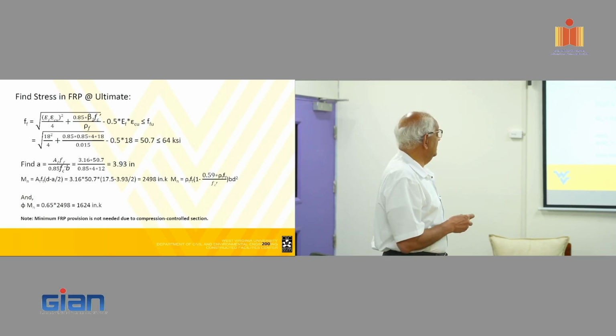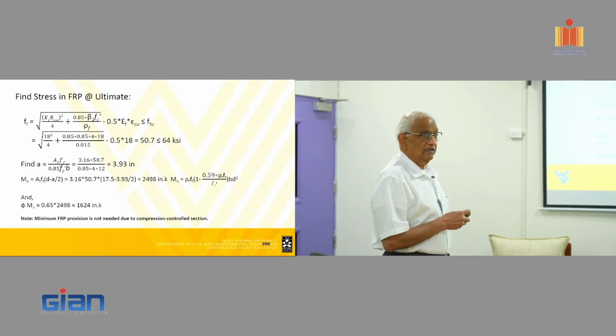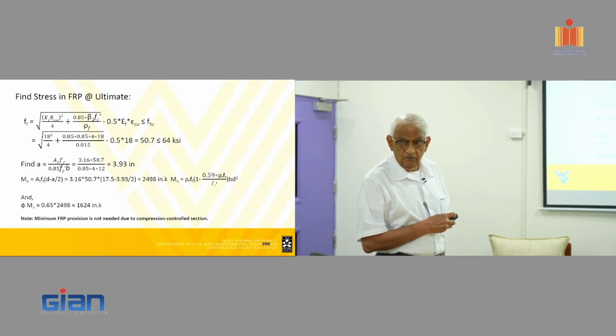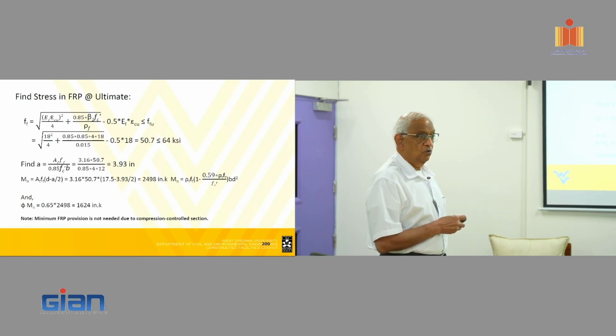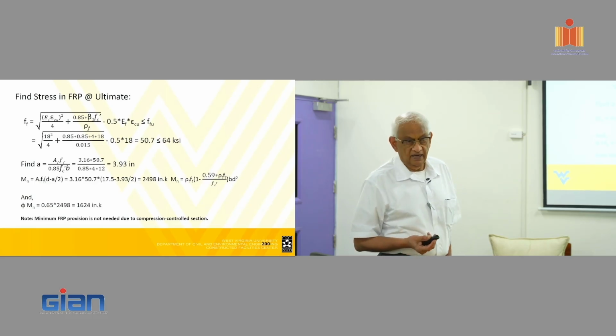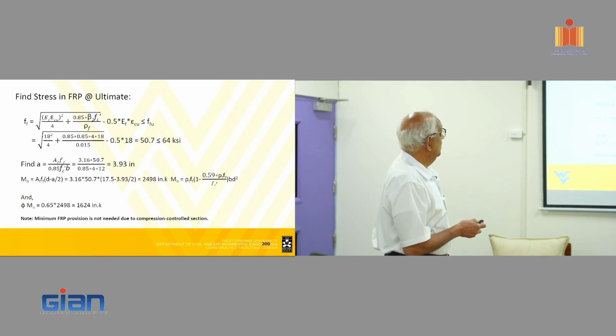At any rate, the A value, where is this coming from? This is strictly coming from the equilibrium equation. A_f f_f is the force on the tension side, 0.85 f prime c b a is the force on the compression side. Therefore, we got a value.